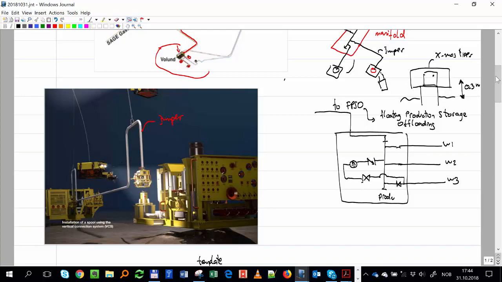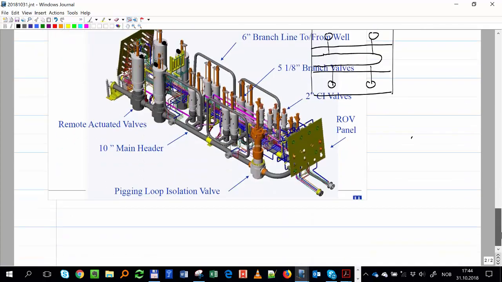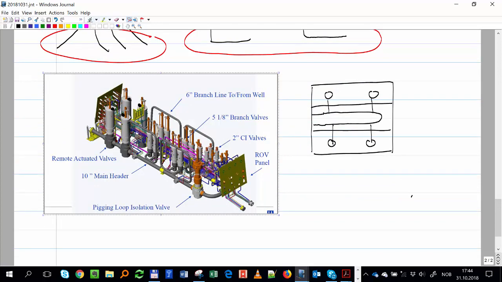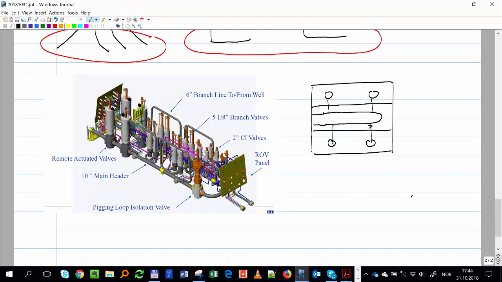So these are exactly those two routing valves, to choose whether I want to produce to this header or to that header. So in my drawing, you have one valve here and then one valve here, to the other side.